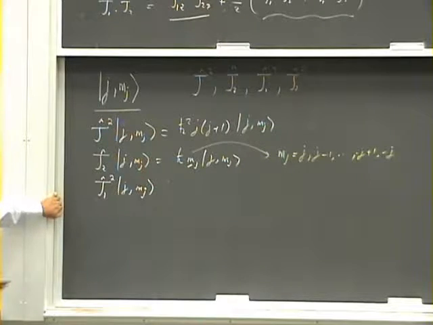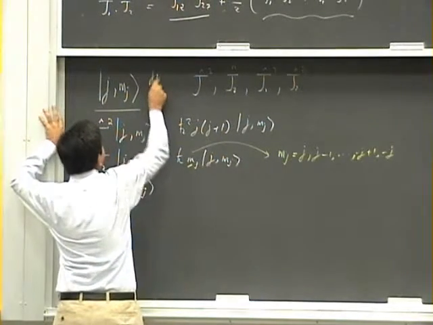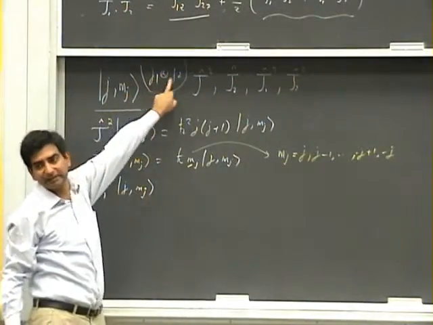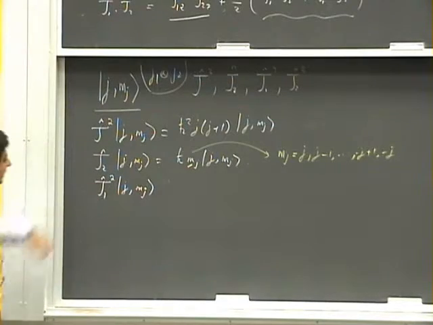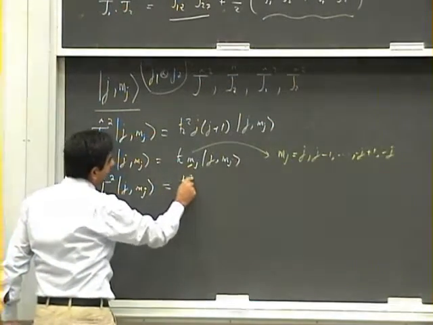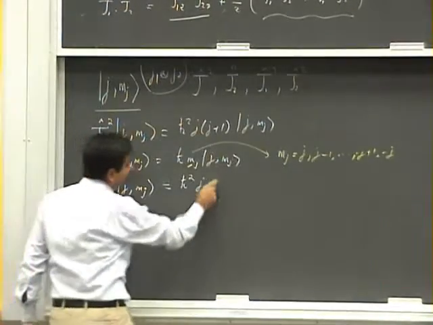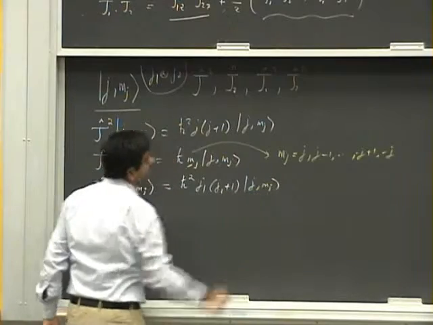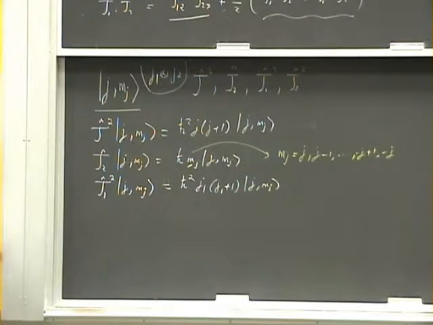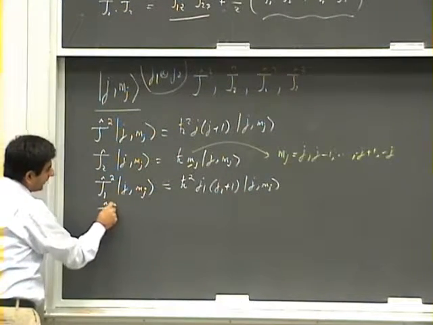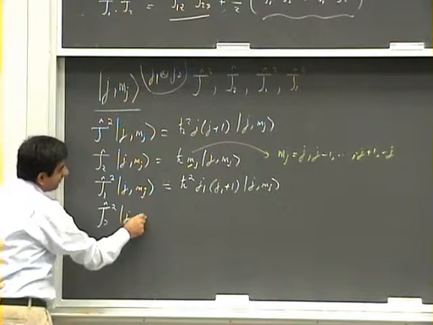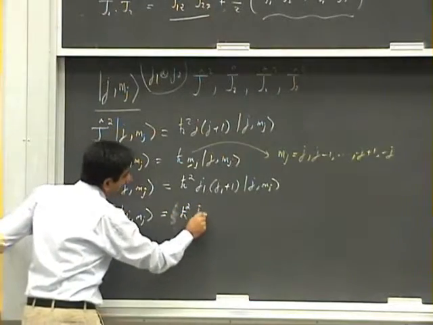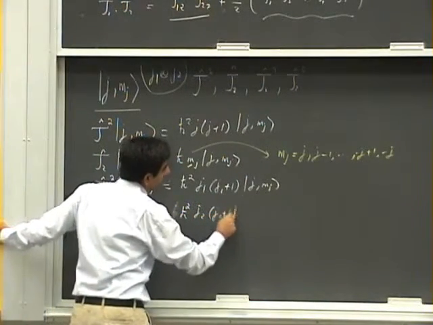Because we are talking about the j1 cross j2 system, the first particle has an angular momentum j1, the second one has j2. So this is really h bar squared j1(j1+1)|j, mj>. Likewise, J2 squared acting on |j, mj> is h bar squared j2(j2+1)|j, mj>.